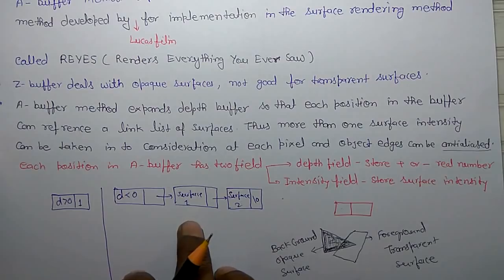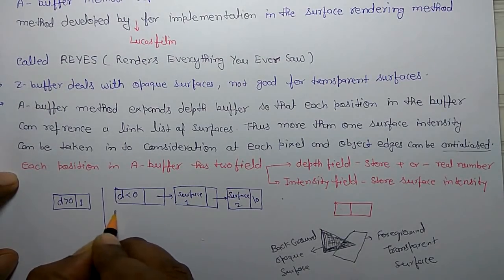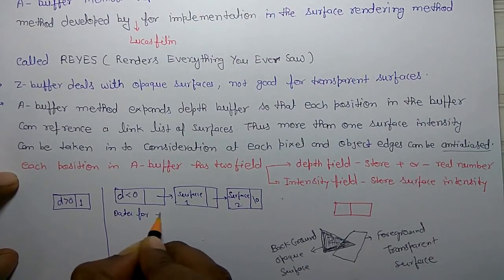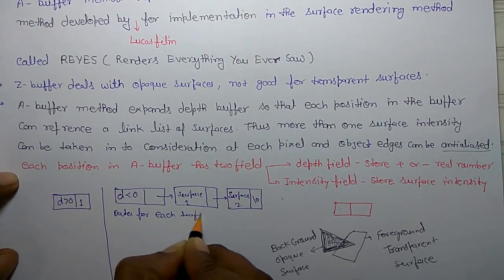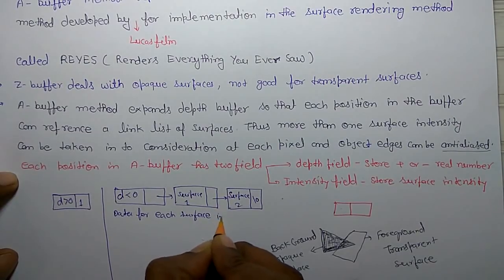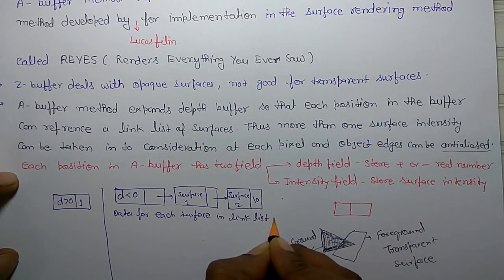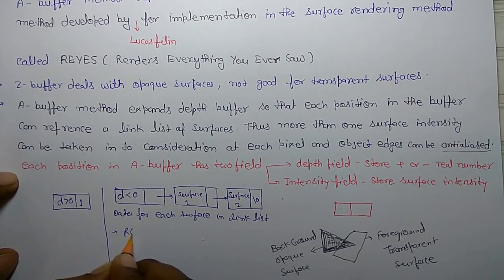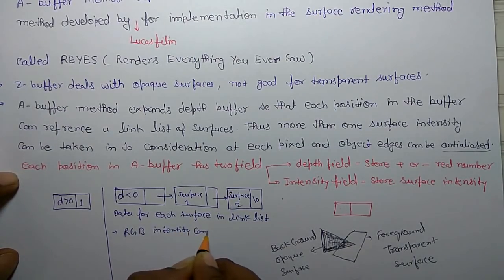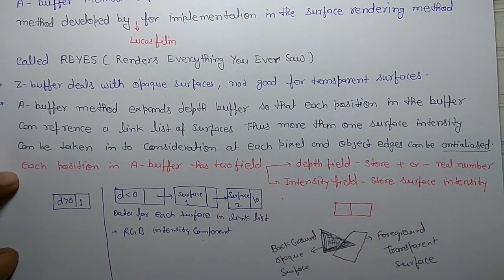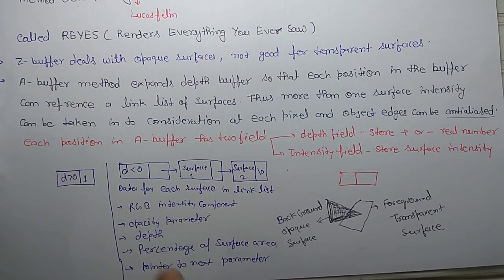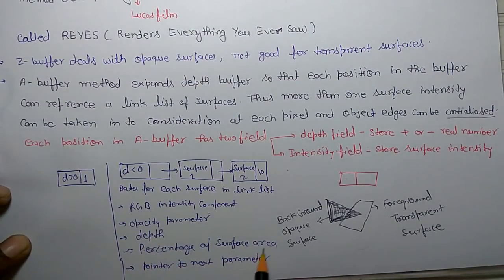And the surface data for each surface in the linked list includes the RGB, red, green and blue intensity components, the opacity parameter, depth, the percentage of surface area that you want to cover, and a pointer to the next surface.